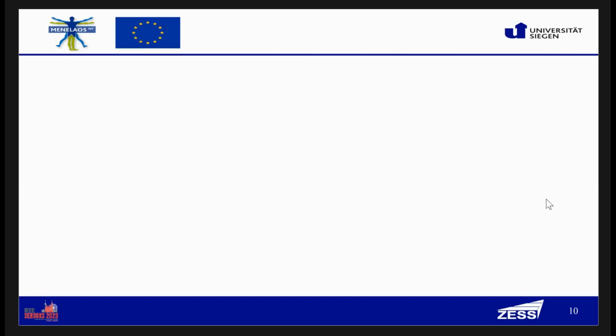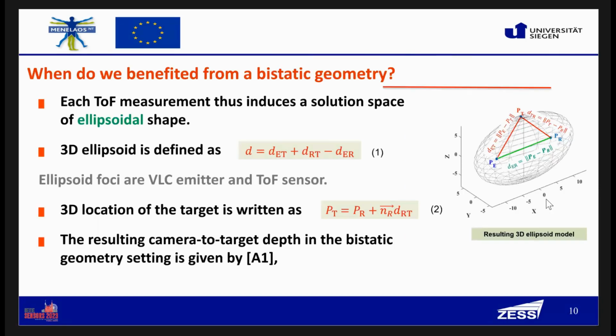So maybe going back to this passive approach, what exactly is it? We know that the emitter position is unknown, and we know only the receiver position. Based on the bistatic geometry, which is basically a 3D ellipsoidal model that we can represent with equation number 1, the distance between the emitter and the receiver, we exploited this ellipsoid's foci, where the VLC and the ToF sensor, which is basically the emitter position and the source position, are its foci.